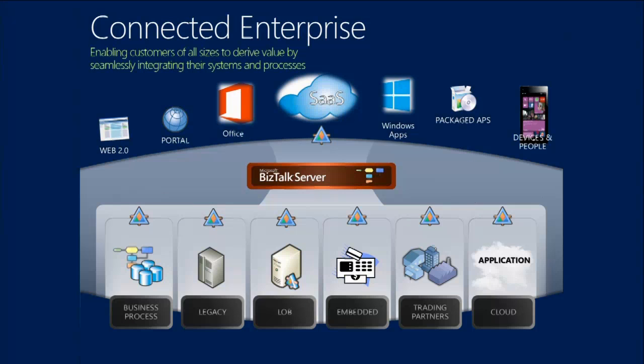So if you look at this slide, there are various different types of consumers at the top, like SaaS, being software as a service. And at the bottom, you have business processes. I'm not only talking about data sources, I'm also talking about business processes. A business process is, let's say, how should I be processing my purchase order? There's a sequence of steps that you want to follow for that.